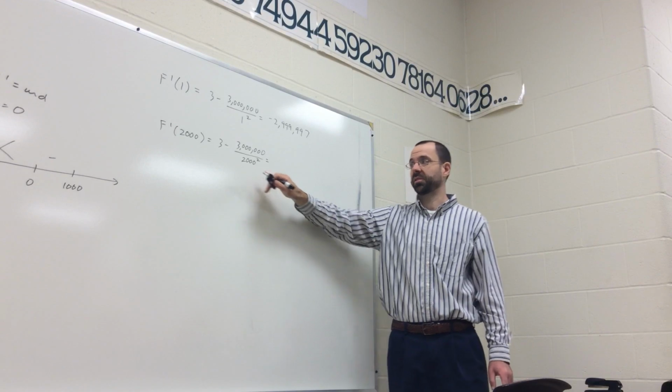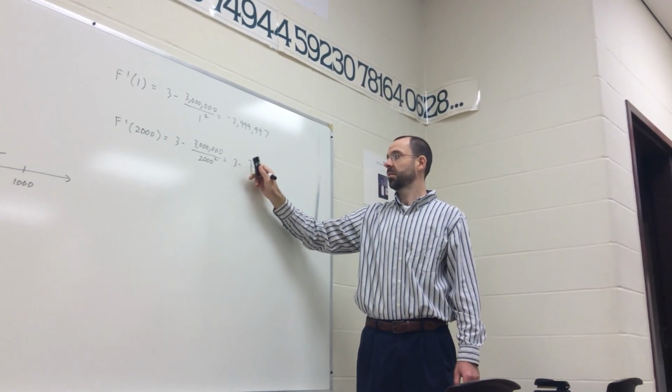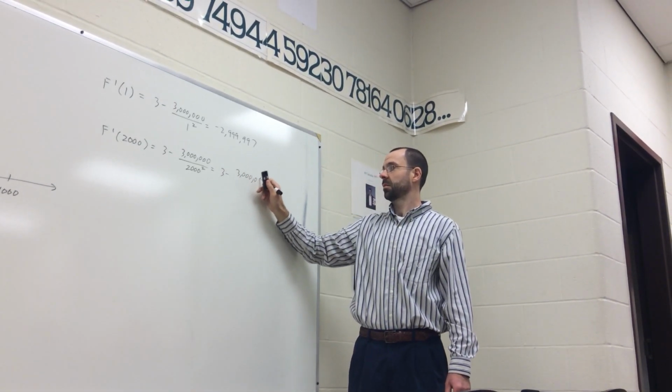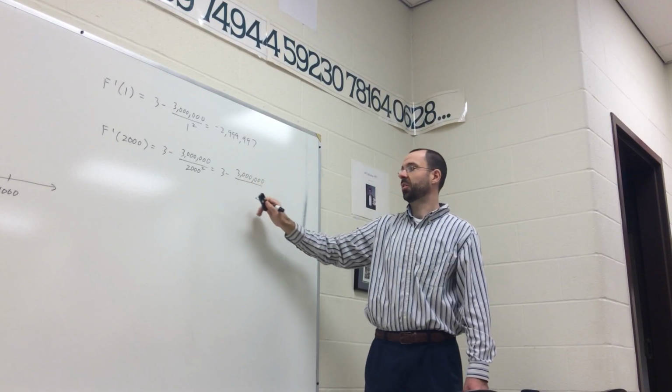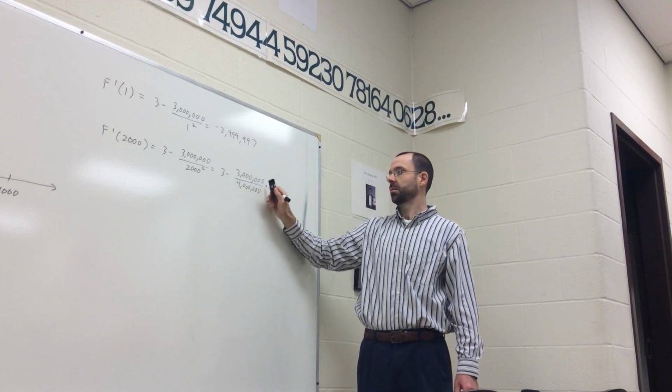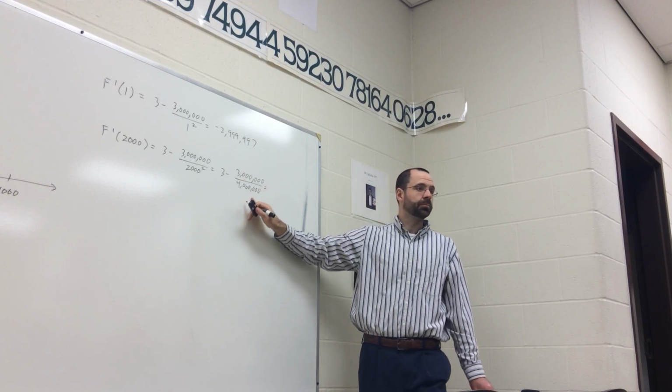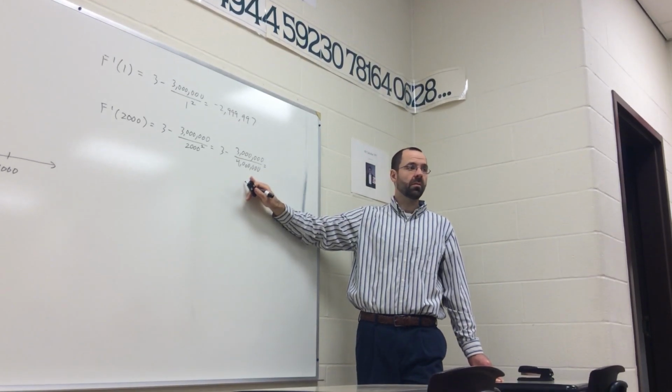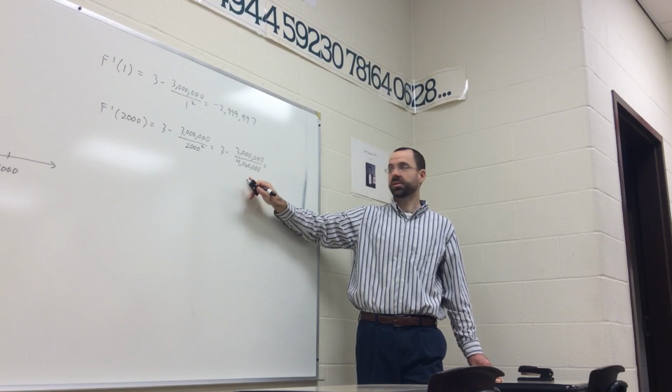I'm going to have to take 2,000 squared. 2,000 squared is 4 million. Just because 2 times 2 is 4, and then 3 zeros times 3 zeros is going to be 6 zeros.